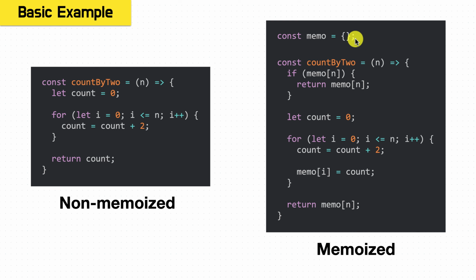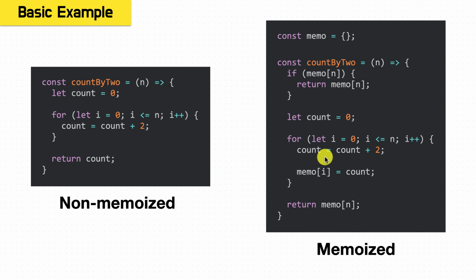For the memoized version, we first initialize a hash table. Then within the function, we check if we've calculated a solution for this value of n before executing the function. So if this value exists, we simply return it as the solution for this value of n. If it doesn't exist, then we need to calculate it. Again, we start at 0 and go from 0 to n.